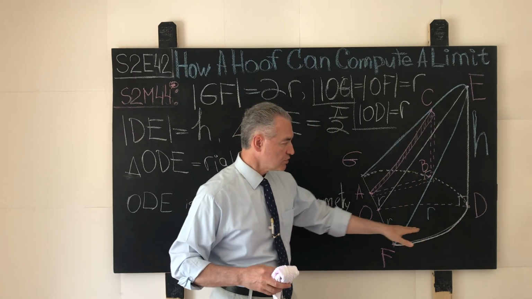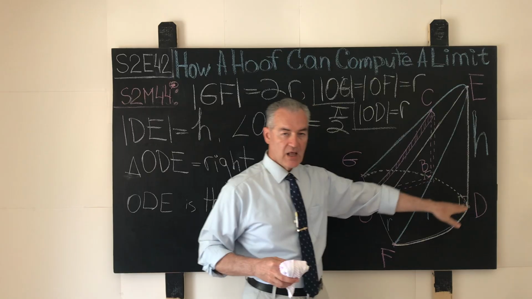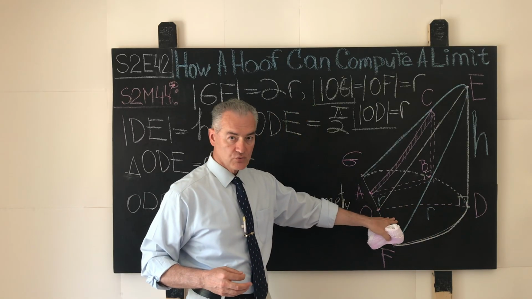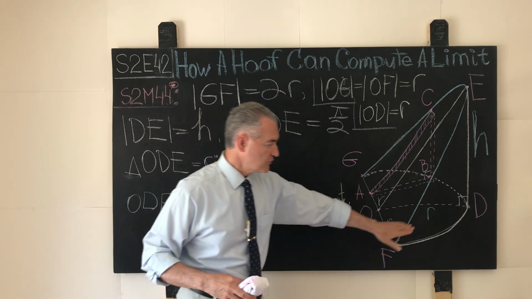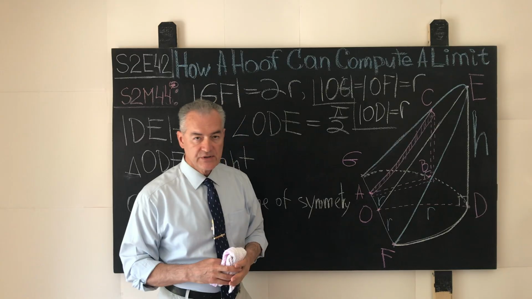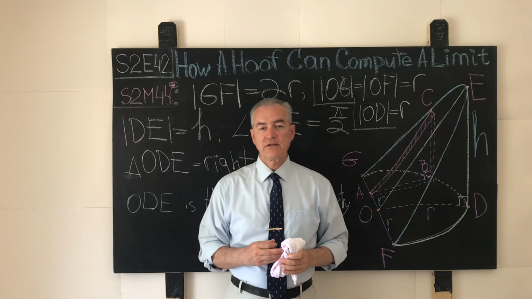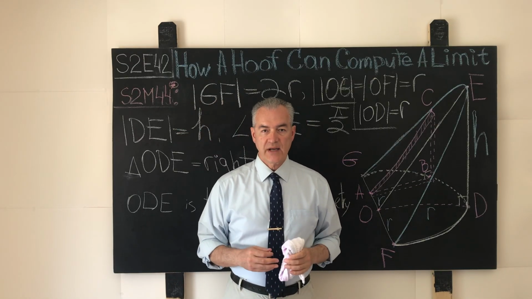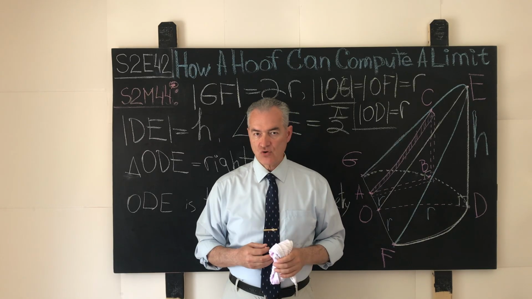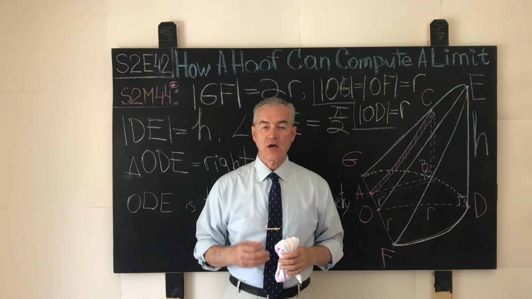We'll work in terms of R and H at all times, and we will express the volume of this hoof as a function of R and H. And now let us wrap our brain around where and how the triangular prism ABC, shown on the right hand side of your screen, comes to life.